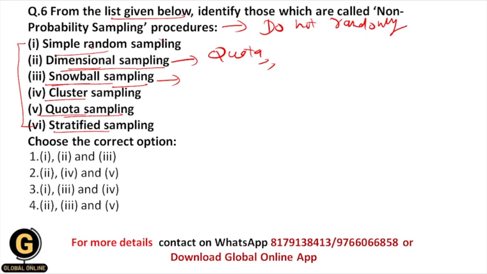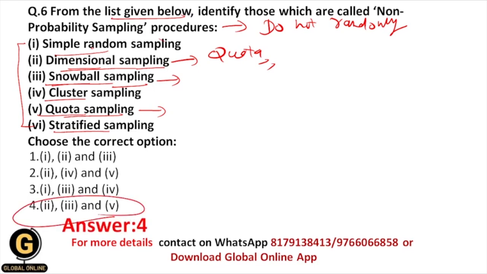This is called snowball sampling. And within quota sampling, a researcher wants specific people who have specific characteristics, and that's why these three are the non-probability sampling procedures. But simple random sampling, cluster sampling and stratified sampling are the probability sampling procedures, and that's why your correct answer should be 4, that is 2, 3 and 5.